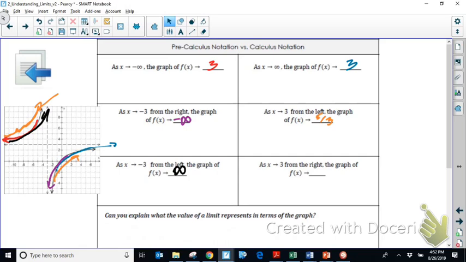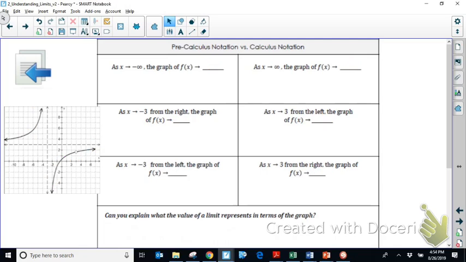And finally, as x approaches 3 from the right-hand side of the graph, what does y do? As it approaches positive 3 from the right side, it again is going to approach where that hole is at 5/3. So we're just looking at the graph and interpreting where it goes.